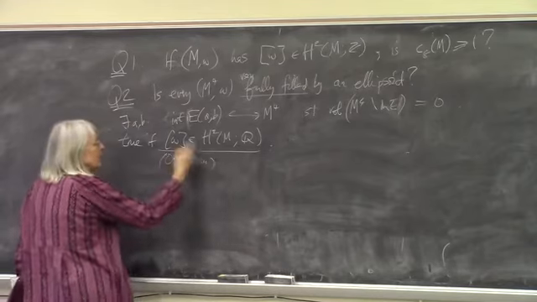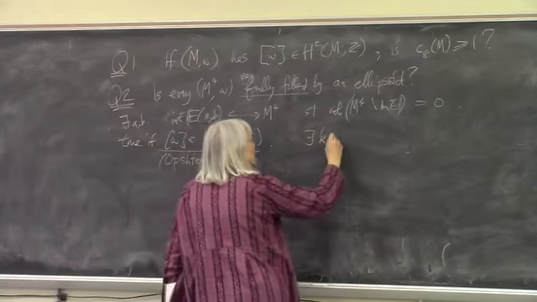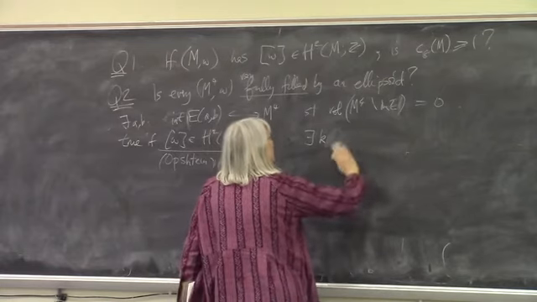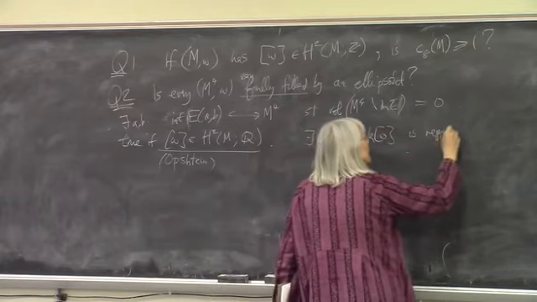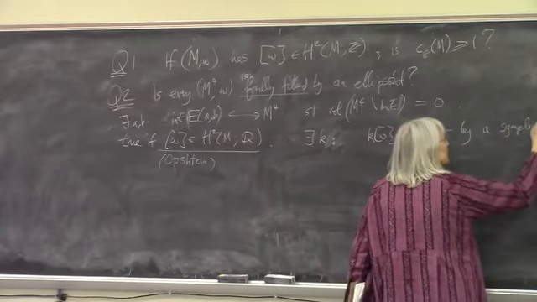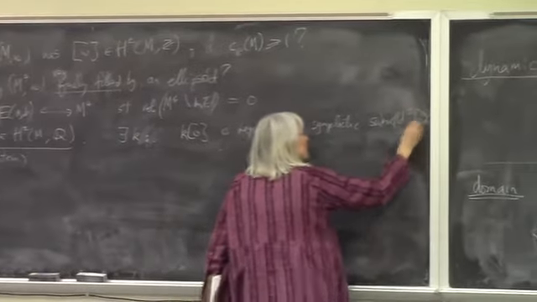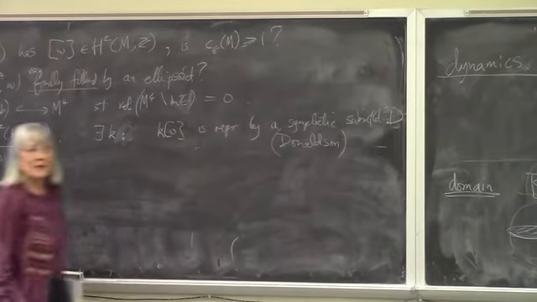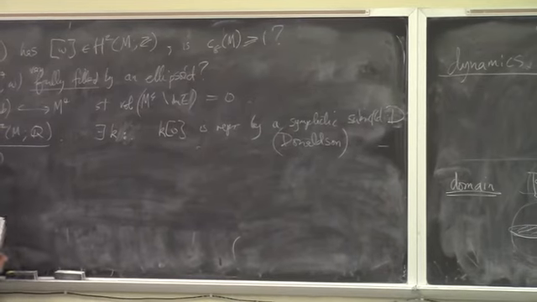The reason is that if you have a rational symplectic form, there exists a k so that k omega is integral, and then there's a k such that k omega is represented by a symplectic submanifold D. This is a result of Donaldson, and it's one way in which symplectic manifolds are like complex manifolds.